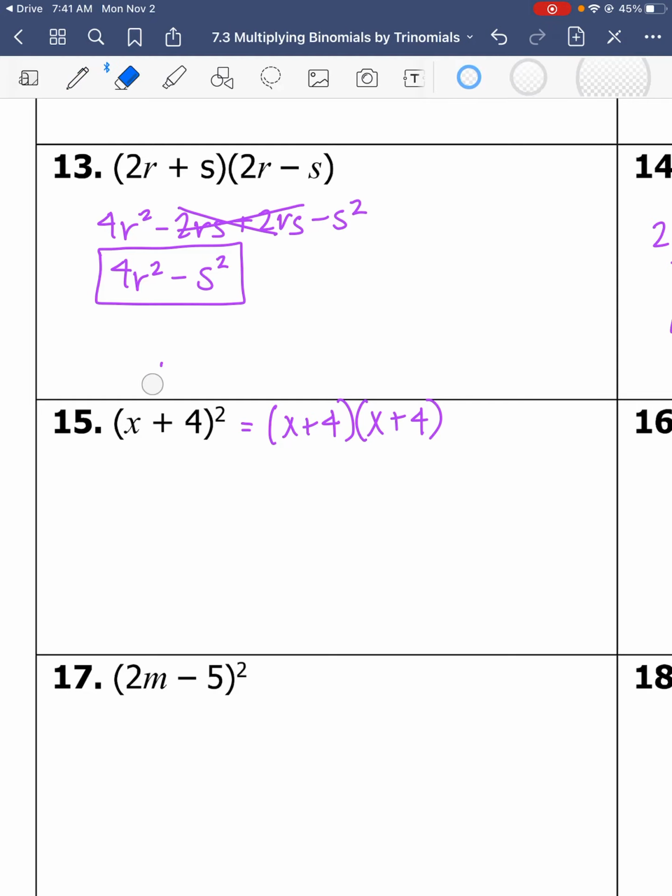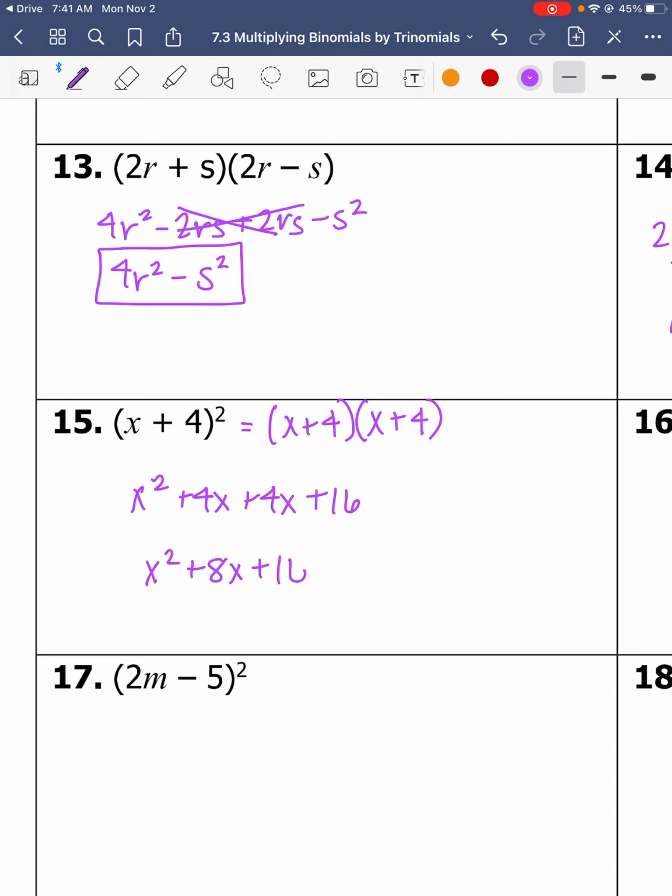And that is how we square a binomial, we multiply it by itself. So now you can clearly see what the first two are. X squared, outer two plus 4x, inner two plus 4x, and last two plus 16. Combining like terms, we get x squared plus 8x plus 16 there.